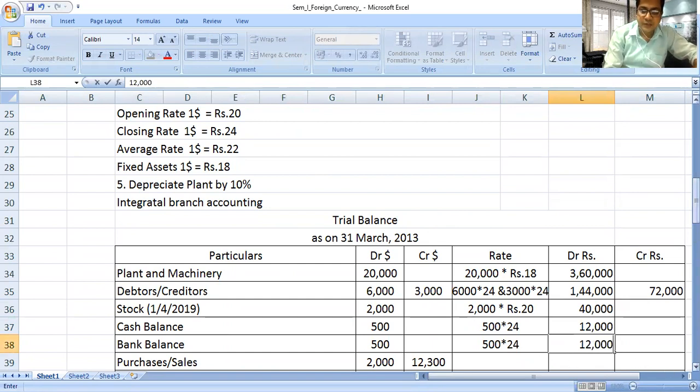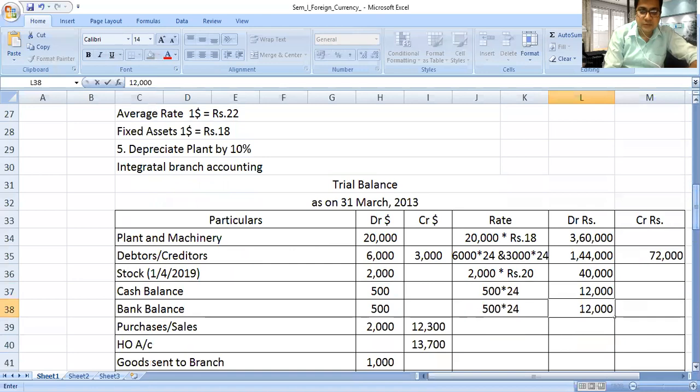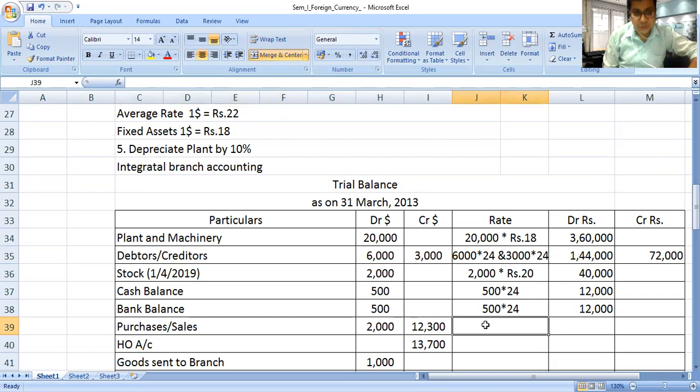After recording this, the next items are purchases and sales. The debit amount 2000 is purchases, and the credit amount 12,300 is sales. Which rate do we have to consider? Any idea?